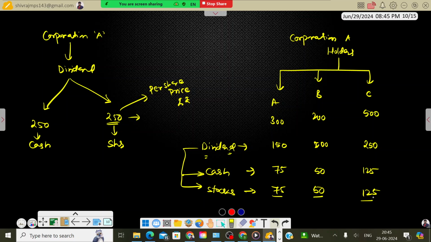So in stocks it's like bonus stocks, so the company just wants to offer free stocks, and the company will not charge anything for those stocks, but eventually the company is taking your cash dividend, worth 75 rupees something for investor A, around 50 rupees for B, and around 125 rupees for C. So basically the company will process stocks as well as cash to the holder, but whatever portion you see here, the company will keep as working capital.